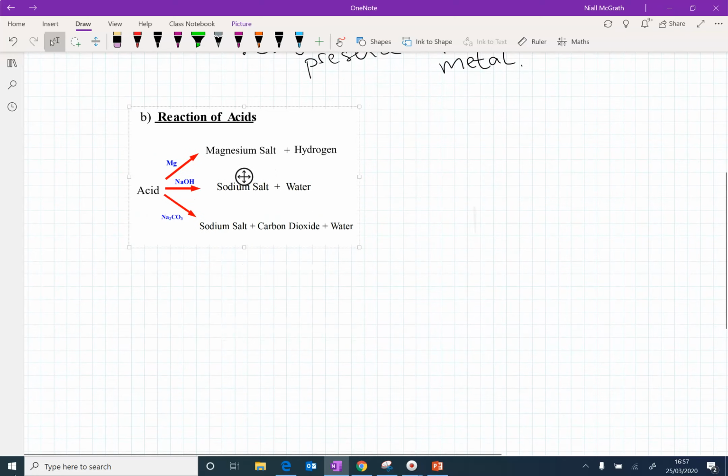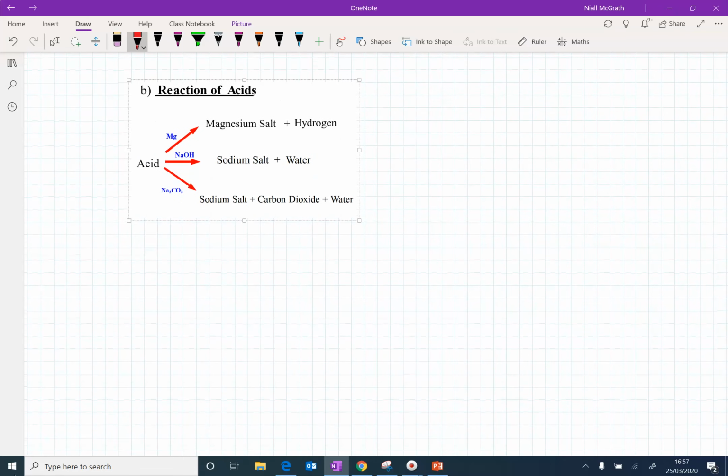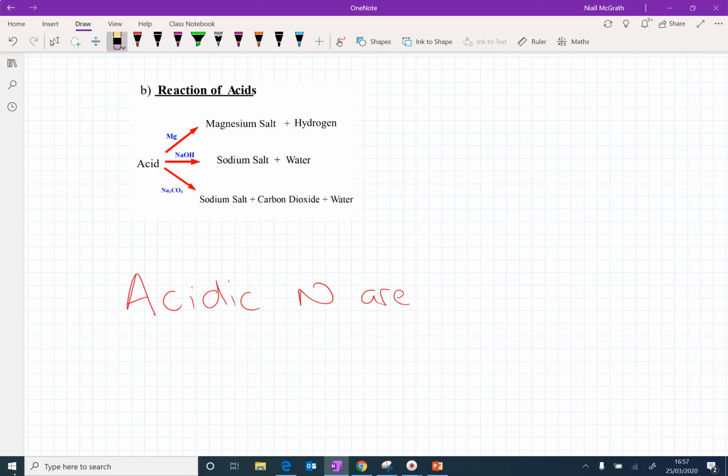What we will look at is the acidic nature of carboxylic acids.